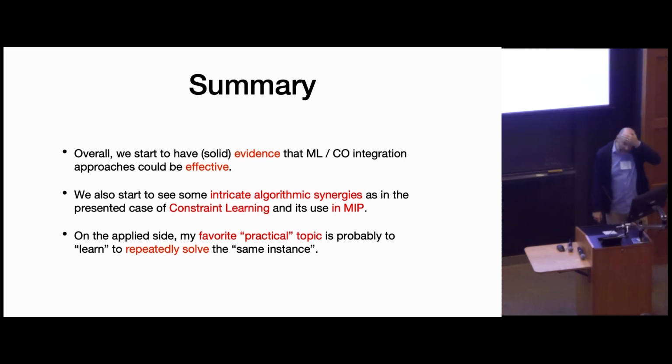So I'm wrapping up. I overall feel that we start to have solid evidence that this integration between machine learning and combinatorial optimization is effective. There is integration into the solvers.